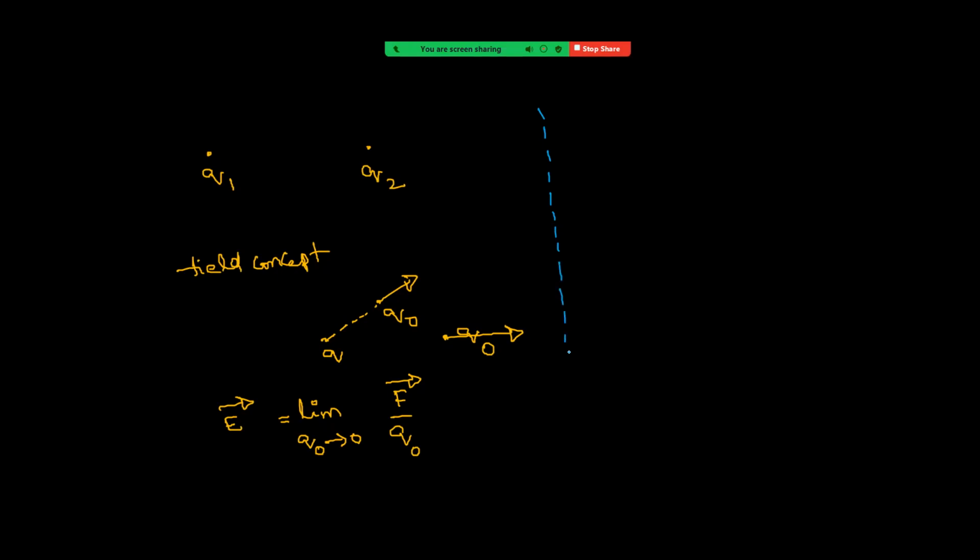Let us consider here. So I'm taking here one space. In this space, electric field is present. And who is now creating this electric field? It can be a point charge or it can be combination of many charges. So which is not required for us. So simply there is electric field in this entire space.